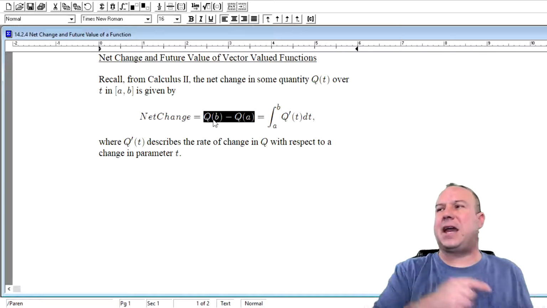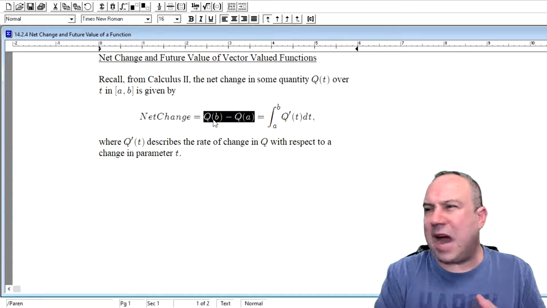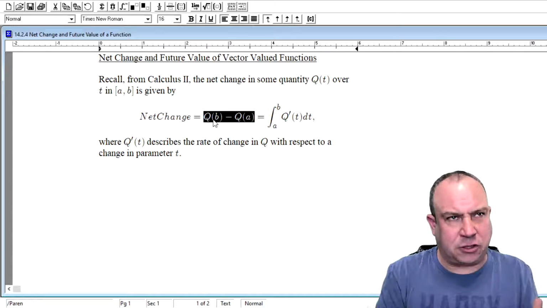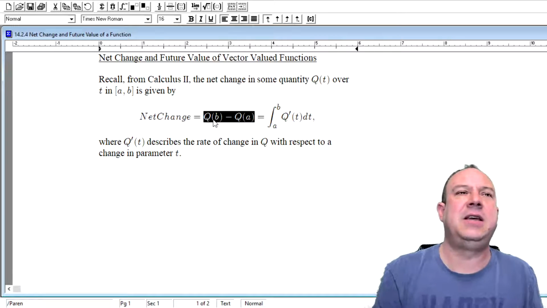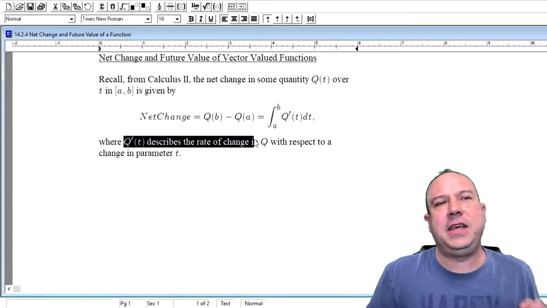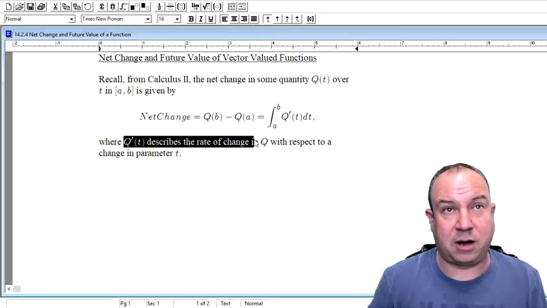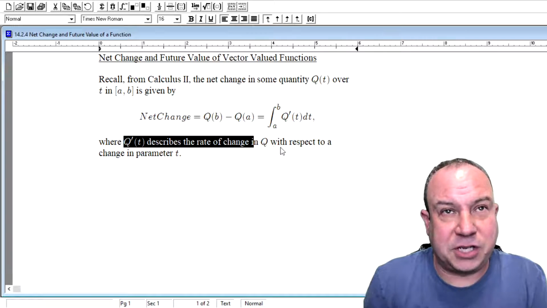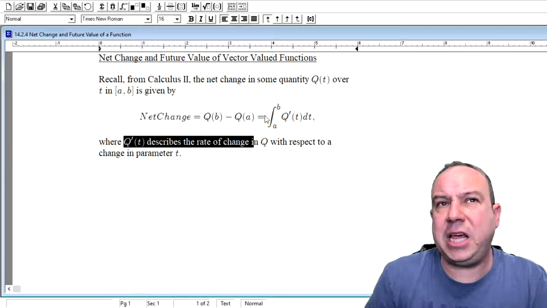We learned back in calculus that if we are not given the quantity's function with respect to the variable t, but we have q prime of t, the rate of change in the quantity with respect to our parameter t, then we are able to calculate the net change.